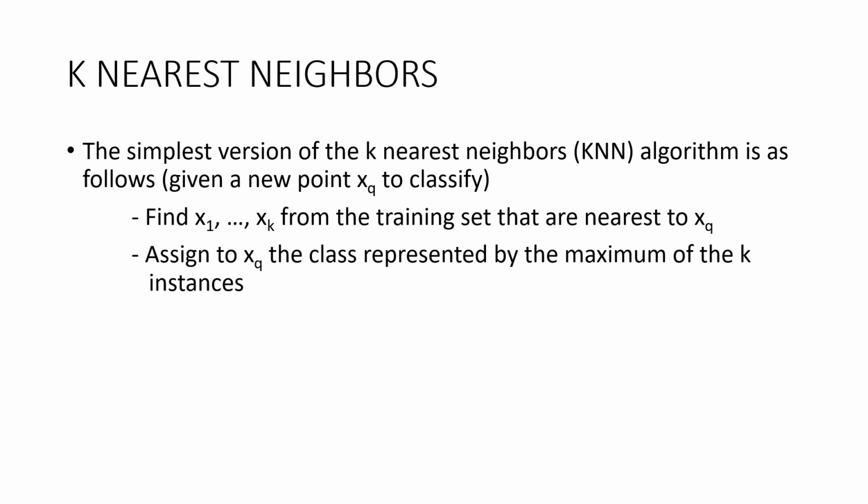Then you assign the class based upon which class has the maximum number of those close points. K is a very important parameter you have to worry about setting as part of this.